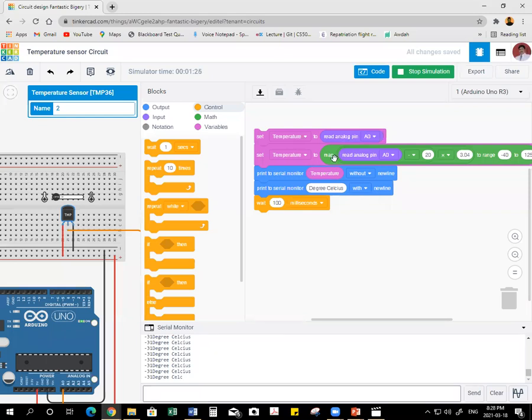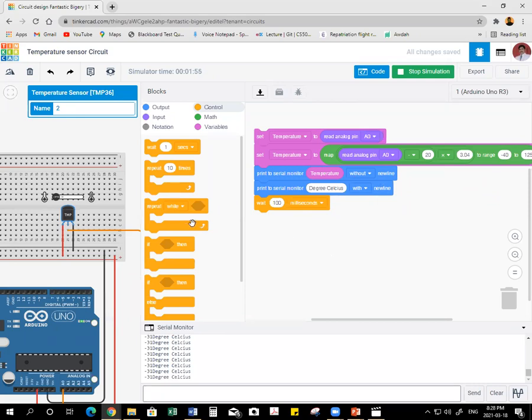Now we are mapping that reading, the actual value in terms of voltage, in terms of bits, which is 20 to 339 bits, to the temperature in degrees centigrade. Like this we can have degrees Fahrenheit also, no problem.